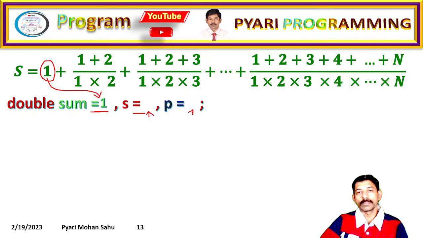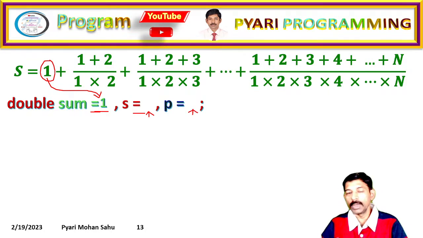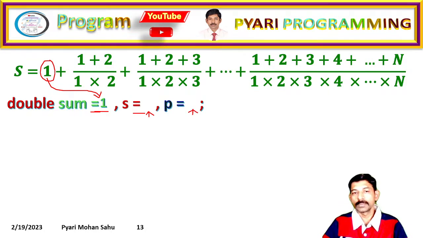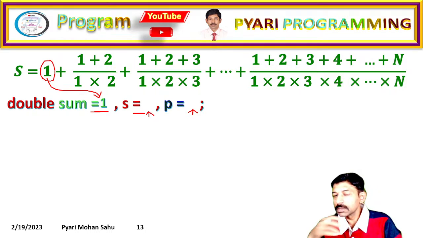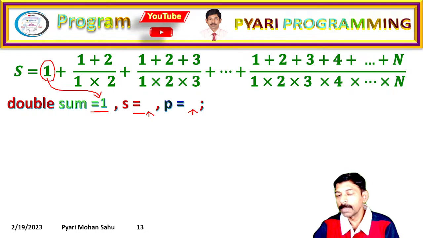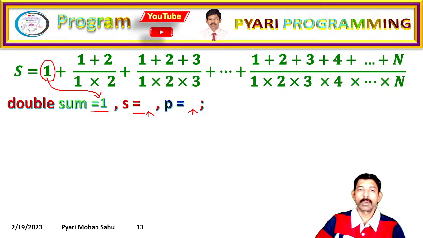Initial value, S or P. Sum is equal to 0. No, Subhasmita, sum is equal to 1 this time. No, Ayushman, sum will be 1 this time. Sum has to be 1.